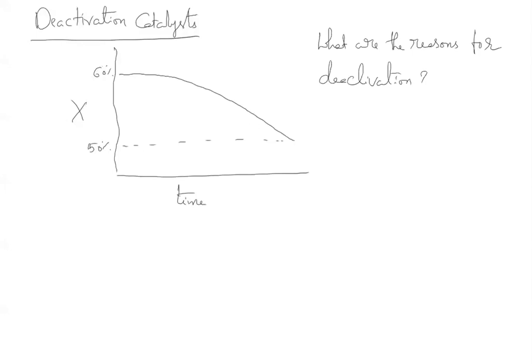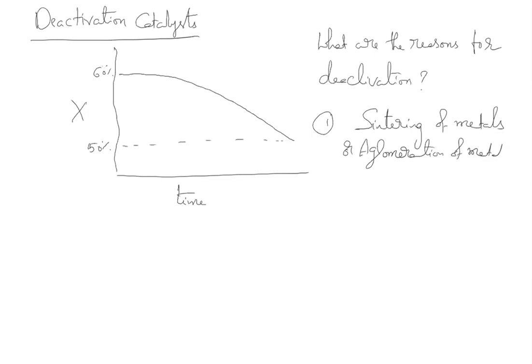One reason is called sintering of metals, or agglomeration of metals. What happens here is, suppose you have a catalyst surface like this, and you are talking about a platinum type of catalyst.